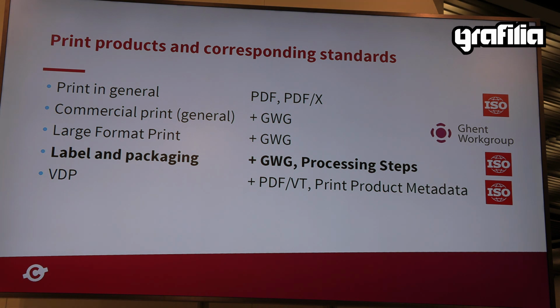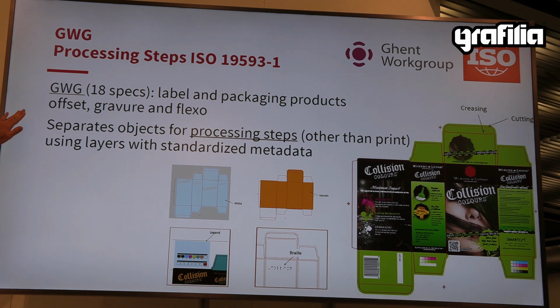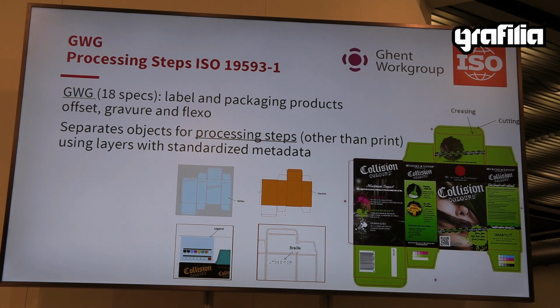Now label and packaging, just a very few slides on the remaining topics here. Of course, everything gets more detailed here, label, packaging. As I've already said, we have GWG, and GWG for label and packaging actually are 18 different specifications.